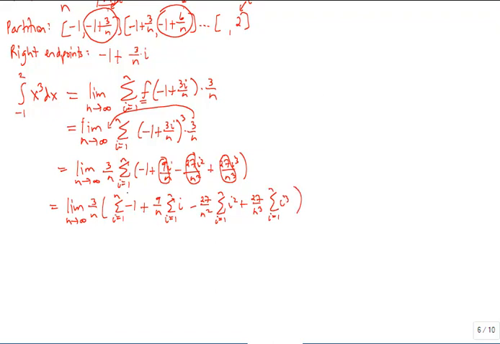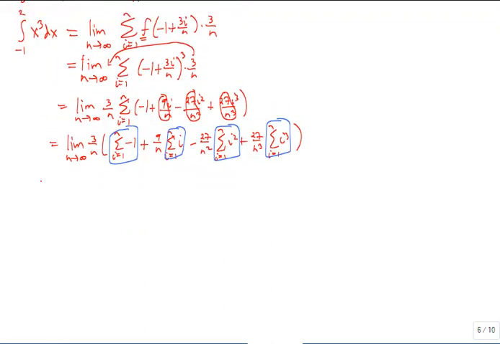Now we have formulas for this, this, and this. So I'm going to substitute in all of those formulas, and these are formulas that we learned in a previous lecture. So leave that 3 over n where it is. The sum of a constant is just that constant times n. So this is going to be -1 times n, or -n.